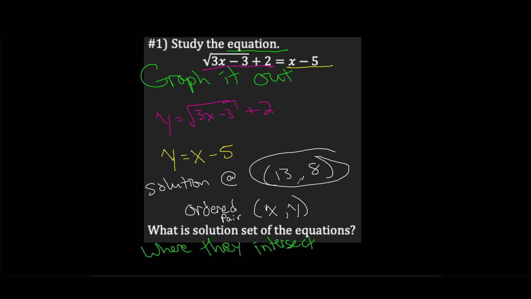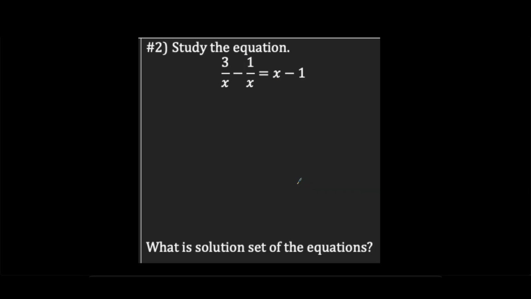Alrighty, on the next one, for number 2, same kind of setup. It says study the equation, and it gives you a rational function this time because we have a ratio. It asks what the solution set of the equations is. Same idea: one side is going to be one equation, but we're still going to graph it out.